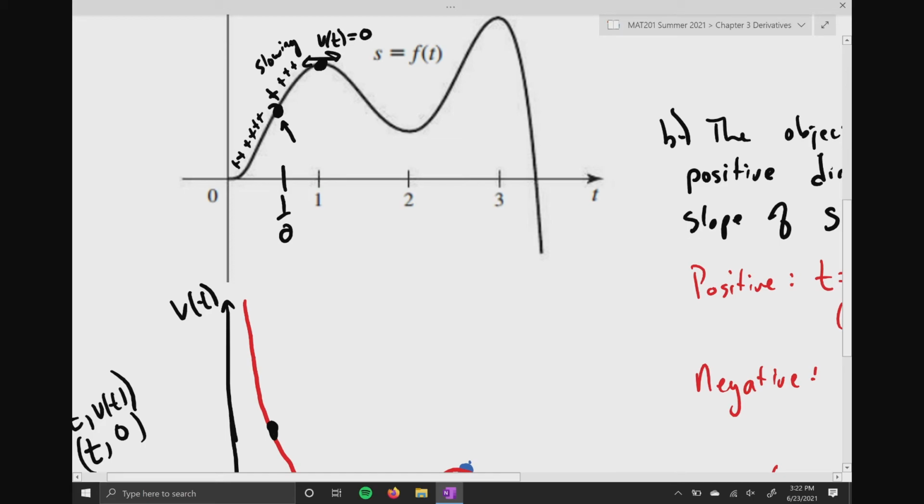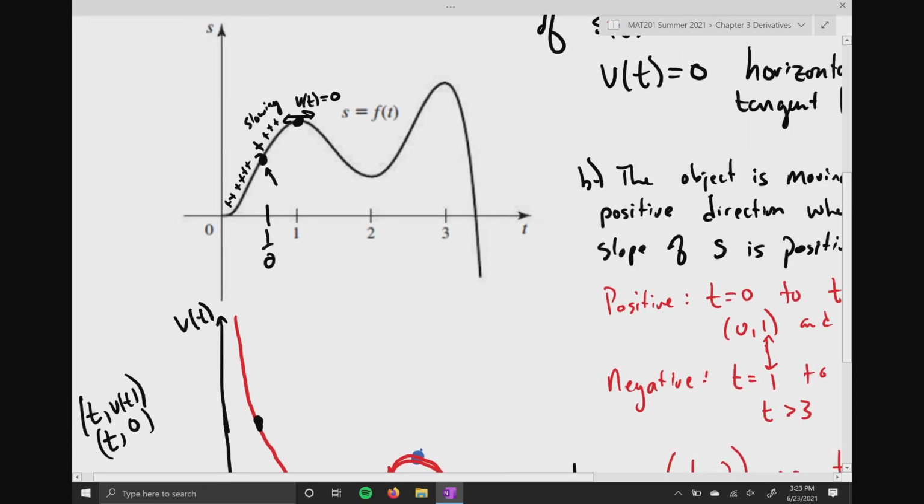So from 0 to 1/2, you are still speeding up. But from 1/2 to 1, you're slowing down, because at the very top of that mountain, you have a velocity equal to 0. Okay? So if you can see that, then we can find the other parts where this is actually speeding up.